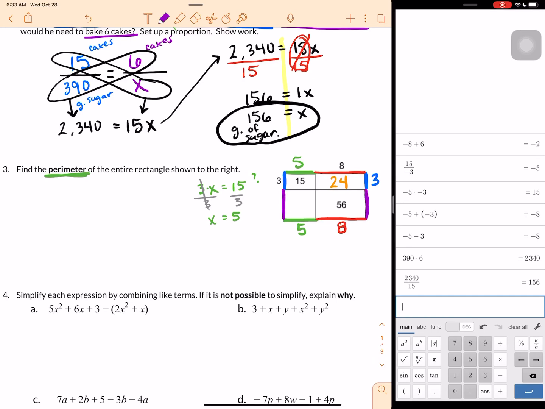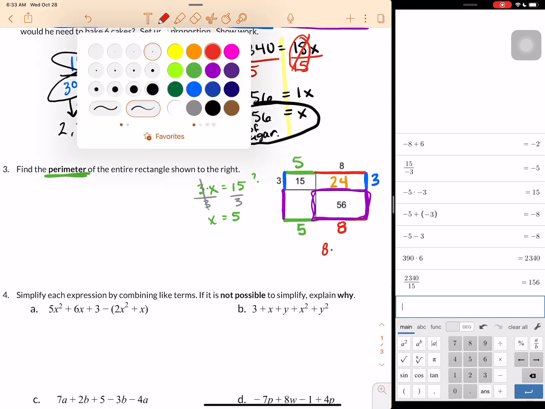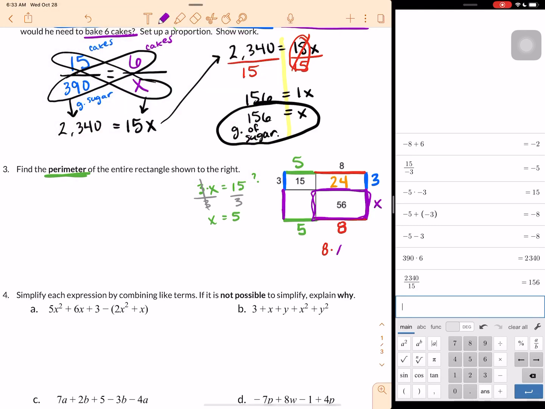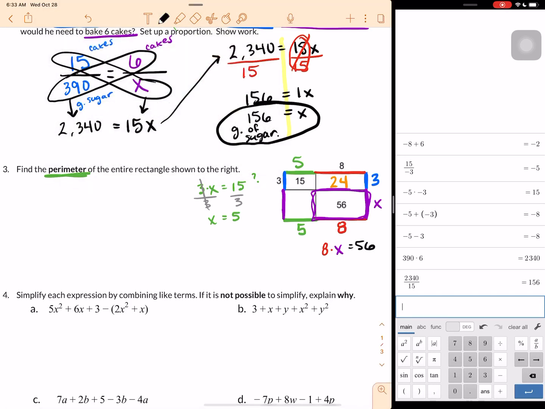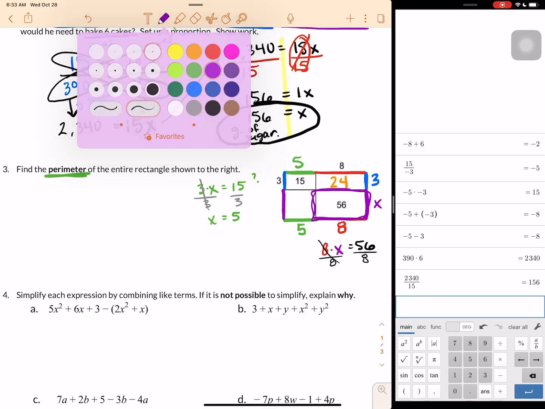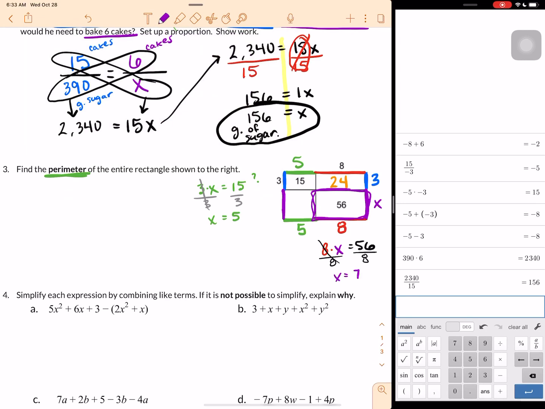Now I know that the area of this rectangle here is 56. So that tells me that 8 times some number x gets me the area of 56. Okay? So if I divide both sides by 8 to get the x by itself, then I'm going to get x equals 7.